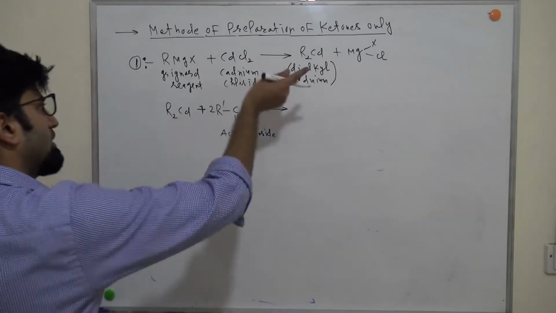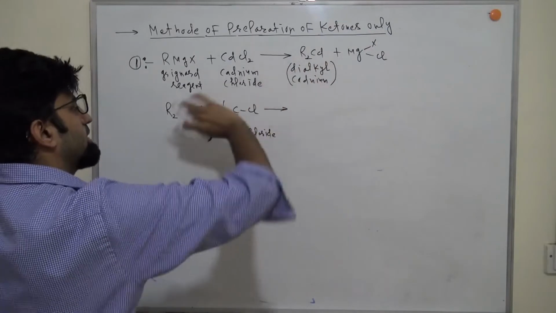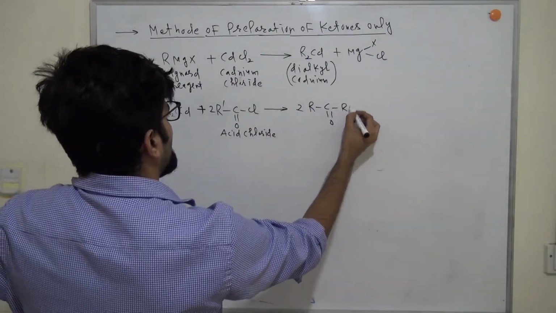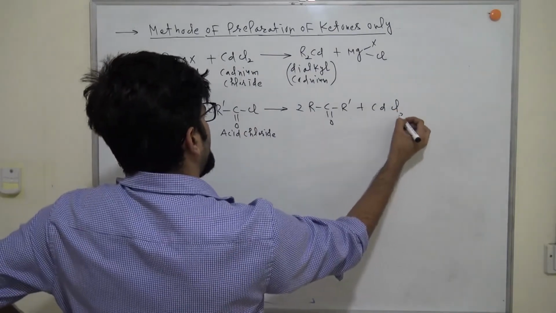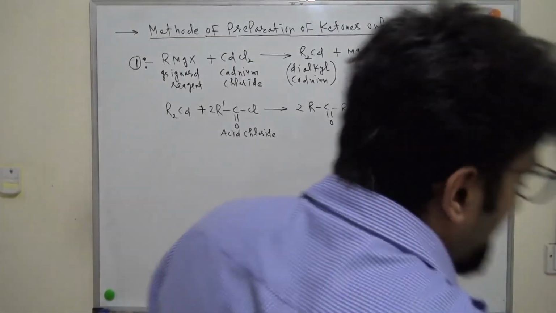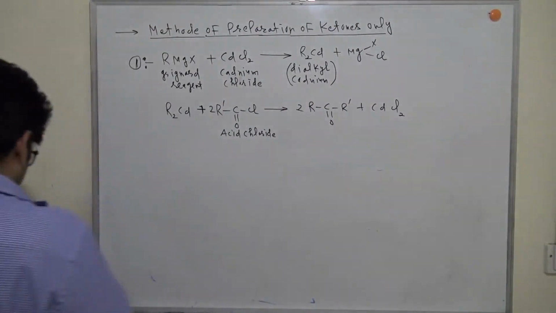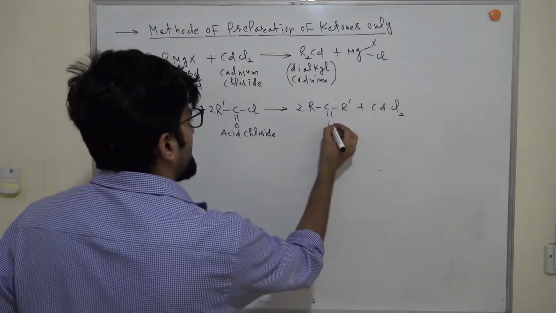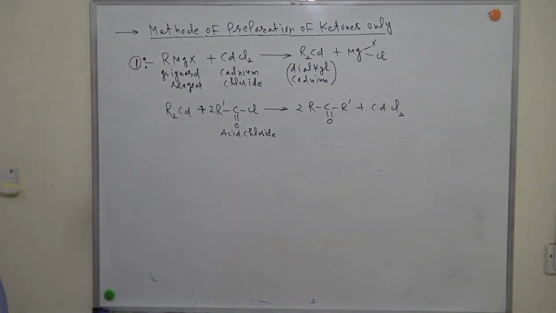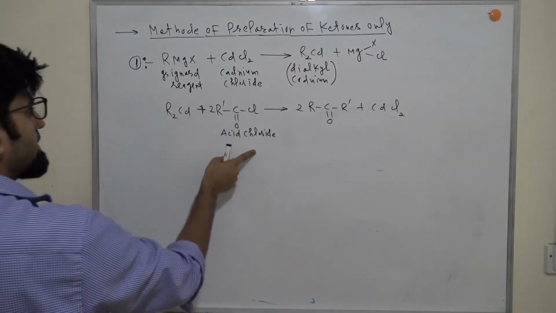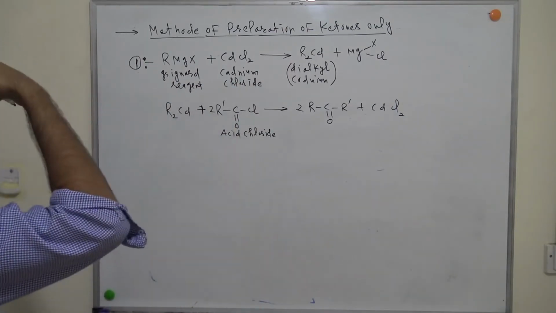We will get 2 moles of ketone along with the formation of CdCl2, right? So by this method also we can prepare ketone. The Grignard reagent with cadmium chloride is step 1. In step 2, acid chloride plus dialkyl cadmium will give you ketone.